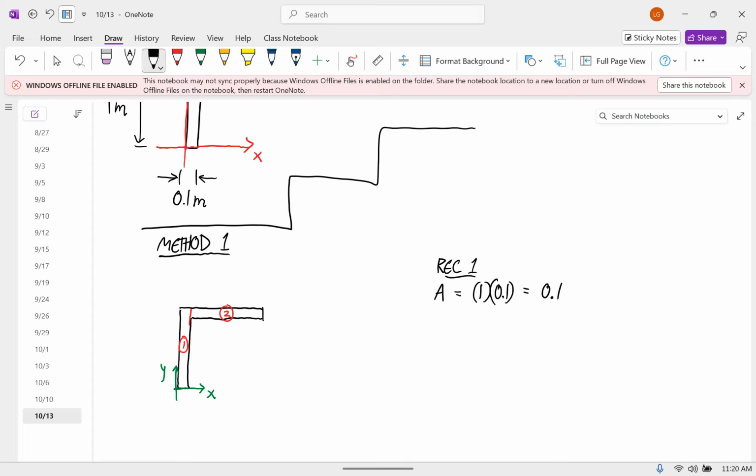I'm just using SI units. And the centroid from the origin is 0.05 meters in the positive x. And for y, 0.5. With me on that?